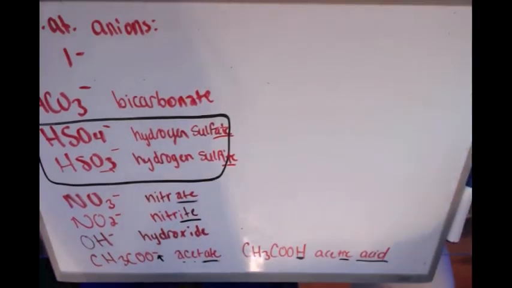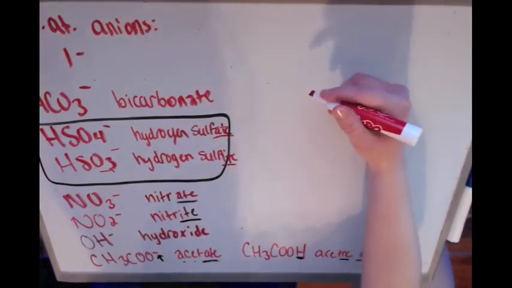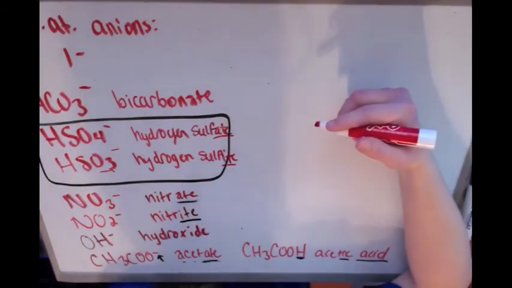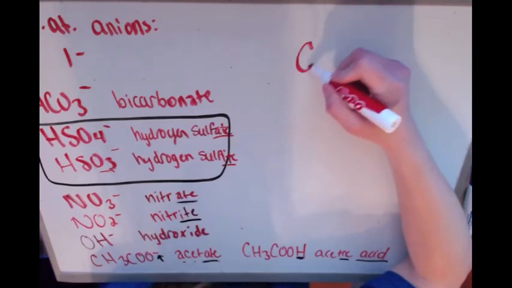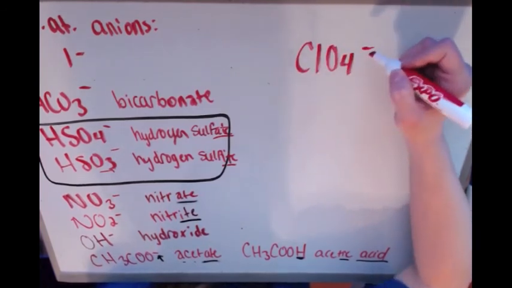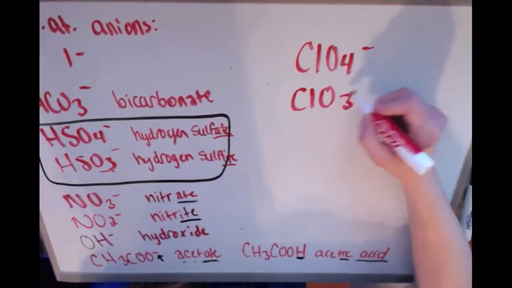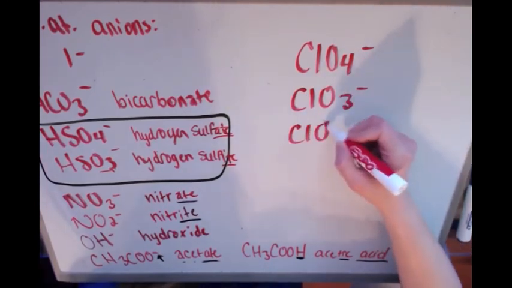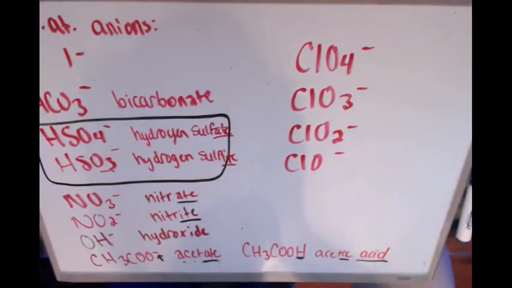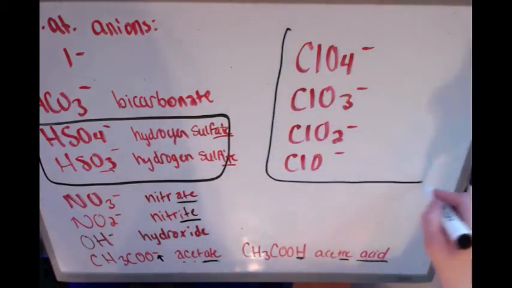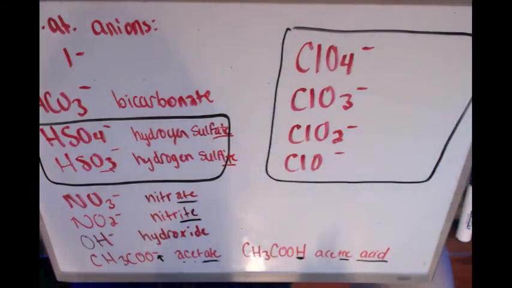Going back to the polyatomic anions that have 1 minus charges. On the list, we also have the group of chlorine oxyanions. So this is the big group that you have to know. ClO4 minus, ClO3 minus, ClO2 minus, and ClO minus. So what I want you to realize is that here we have a chlorine containing oxyanion.